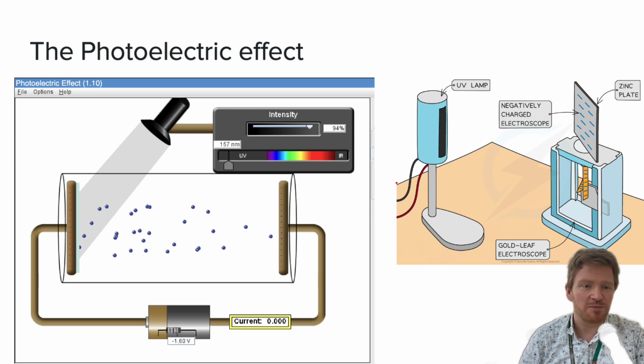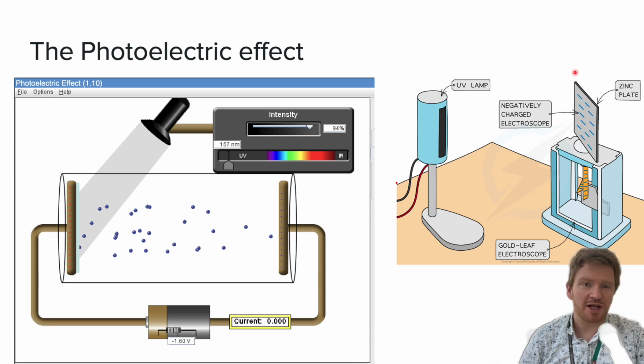What's important is we must negatively charge this, so it has these extra electrons floating around on here. Now what we find is that plate will stay charged for as long as we like, but as soon as we turn on the UV lamp, the gold leaf electroscope seems to discharge itself.